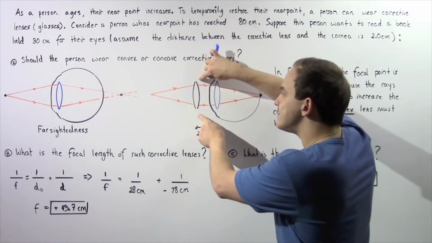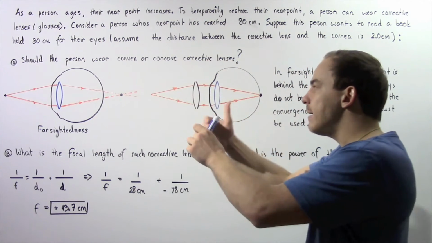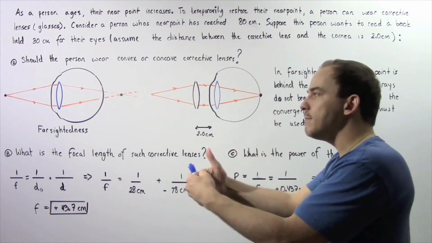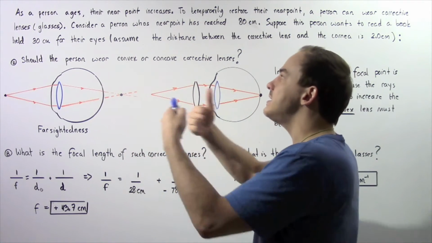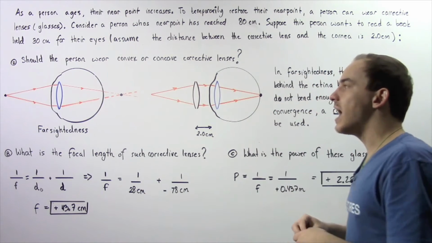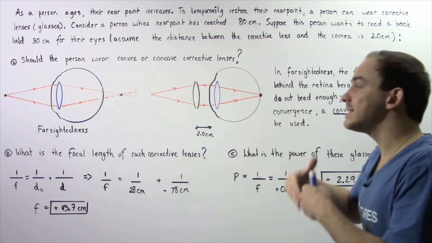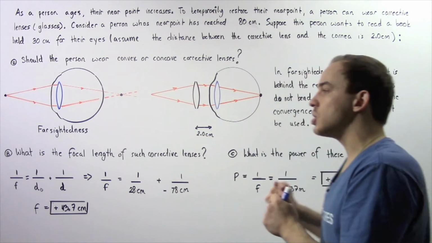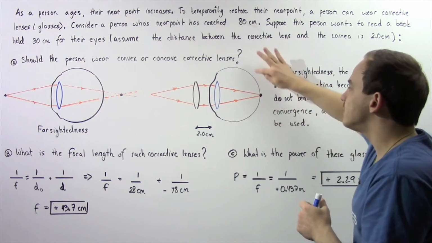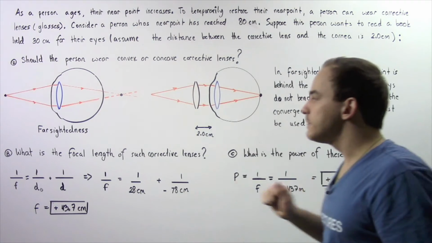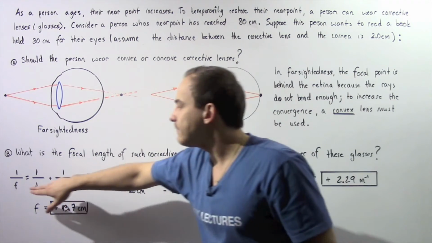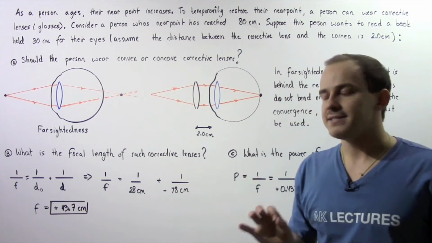When we place our glasses, these glasses form an image of the object at the near point of that eye. And so the lens is now able to take that object and form an image of that object exactly on the retina.